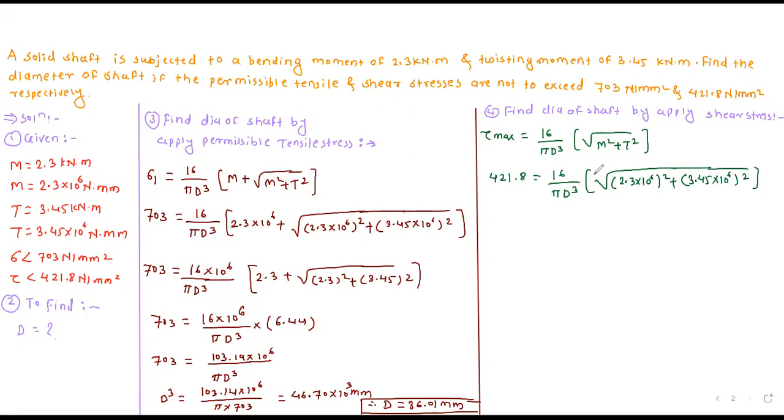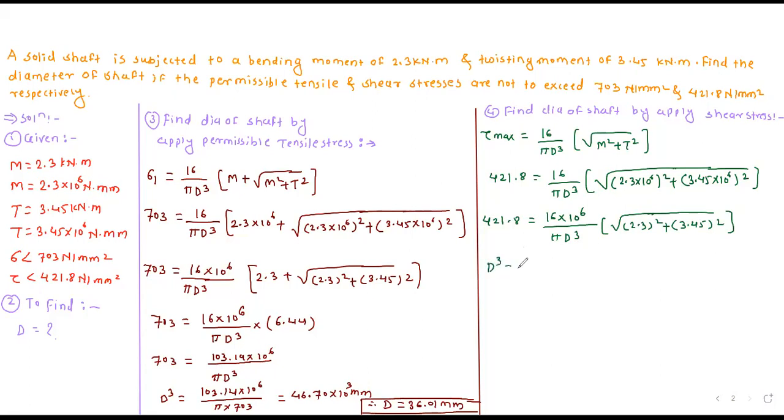Okay, so we will take this 10 raised to 6 common. 421.8 is equal to 16 into 10 raised to 6 divided by pi d cube, in bracket 2.3 square plus 3.45 square.